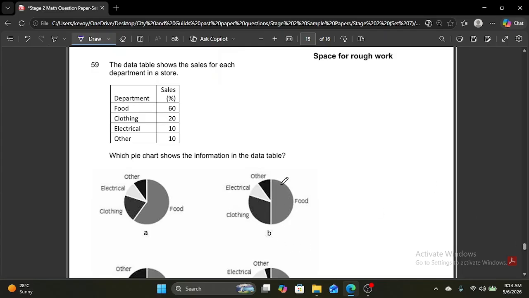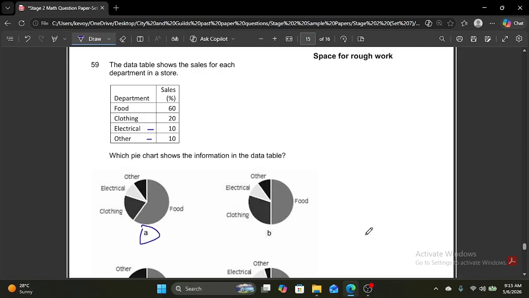Food, 60%, is a little bit more than a half. And electrical and other should have the same proportion. Looking at letter A, we can see that this will be the closest to the answer.